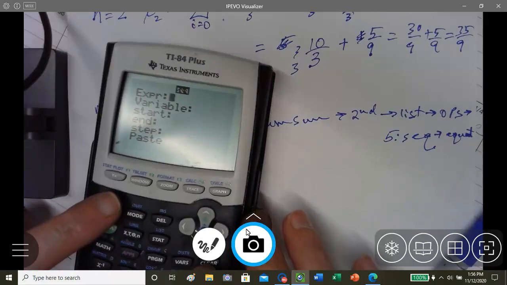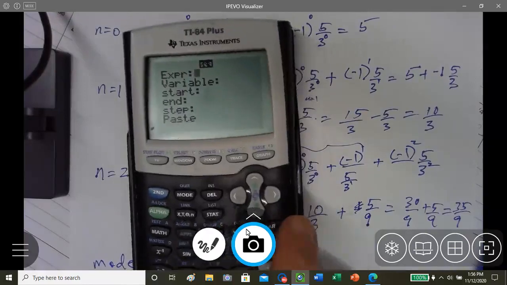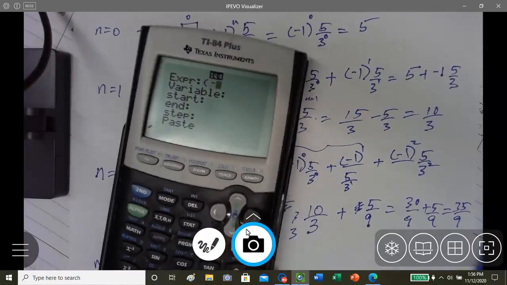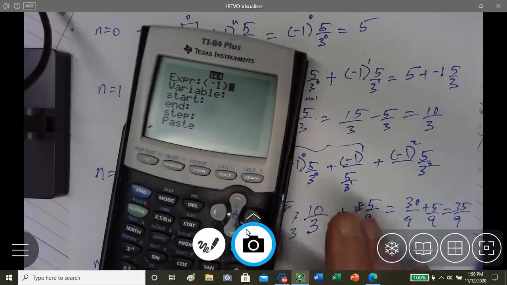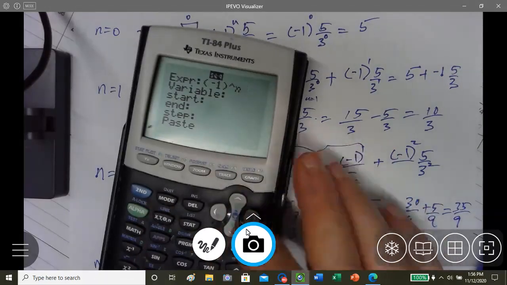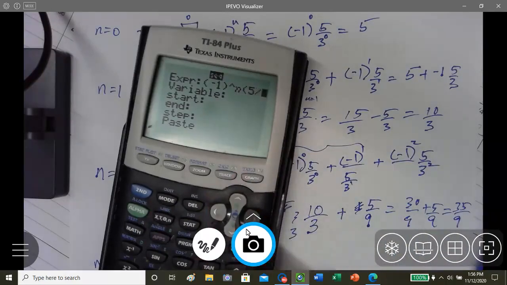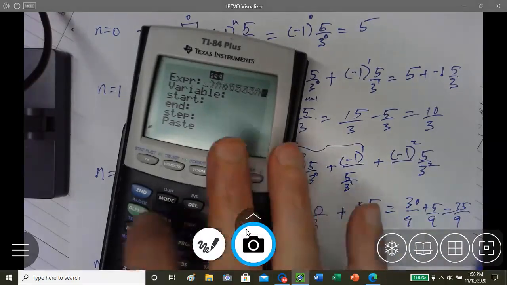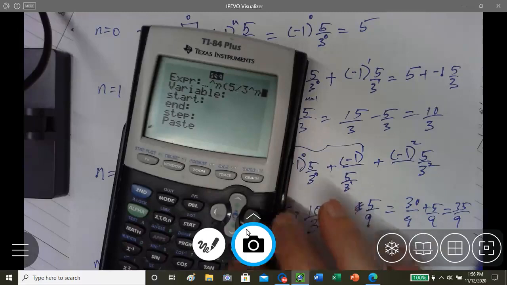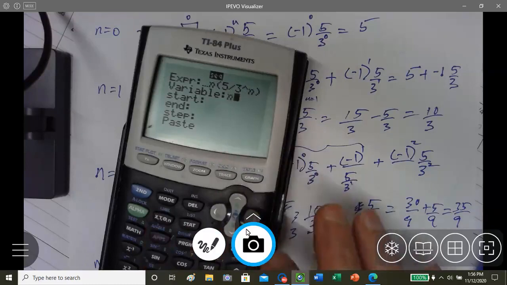Okay, so we're going to go ahead and put in our equation, which is open parentheses, negative 1, close it to the n power, and then open parentheses 5 divided by 3 to the n power. Close the parentheses. Our variable is n.